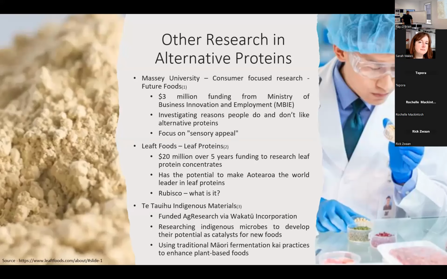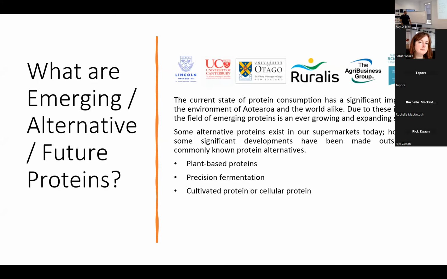Things like multi-traditional fermentation practices, and also microbes that have been used in indigenous native plants, things that we might have lost a lot of through the mass clearing for agriculture.